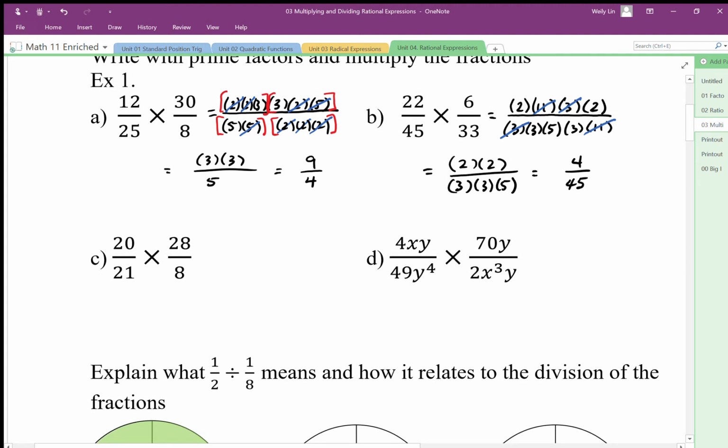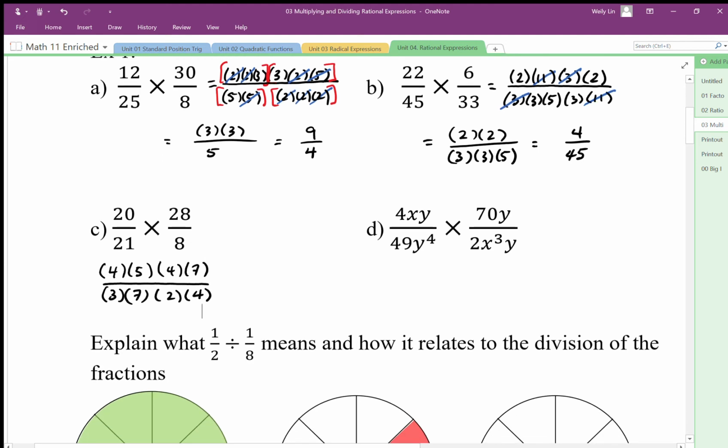Same thing here. We want to write this in terms of its common factors. So I'm just going to write this as 4 times 5 because I can see there's a factor of 4 here. This is 4 times 7. Here's a 3 times 7, and this is a 2 times 4. Okay, I probably should have factored one of these 4s into 2 times 2, but that's okay.